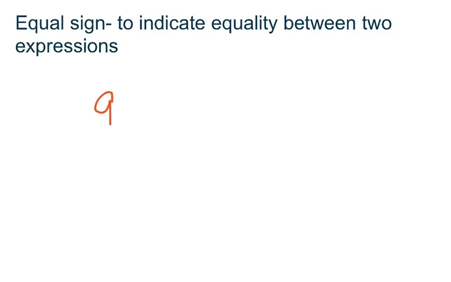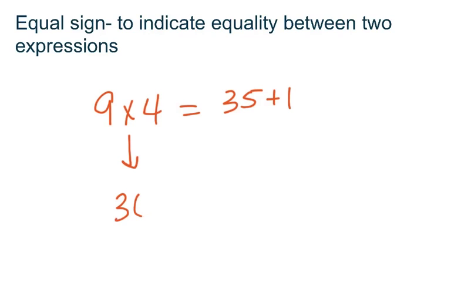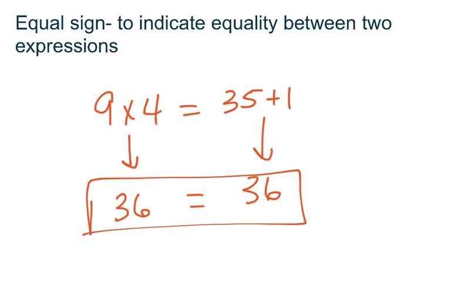If we have 9 times 4 equals 35 plus 1, well, to show that these things have some type of equality, let's go ahead and solve them out. 9 times 4 has a value of 36. 35 plus 1 also has a value of 36, which indicates that these are equal. The equal sign is showing that the left side expression is also equal to the right side expression.